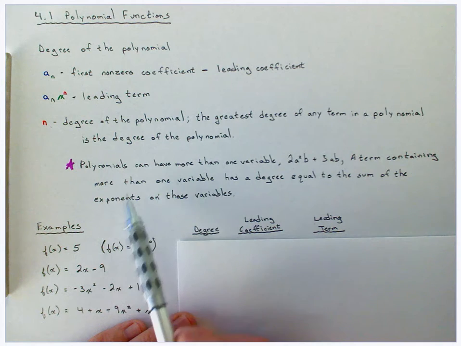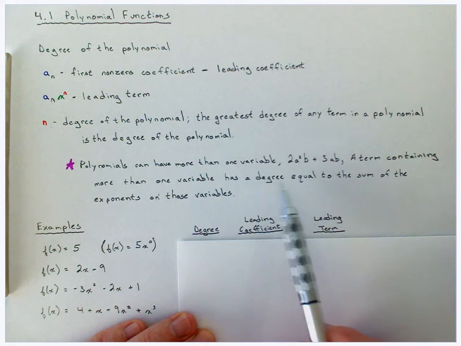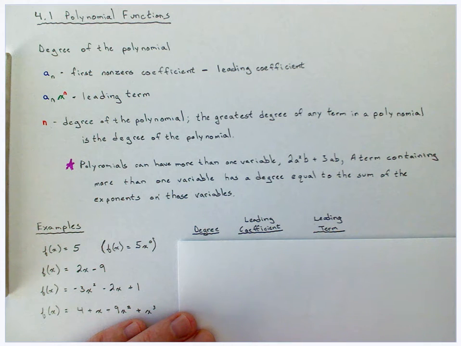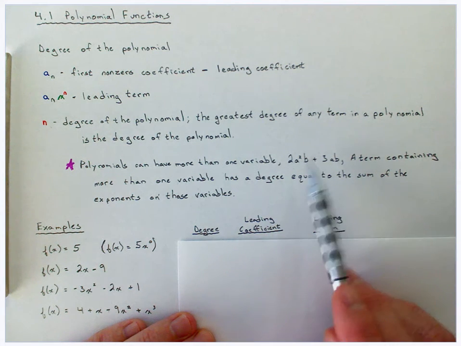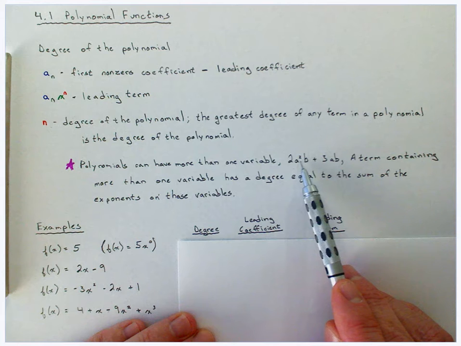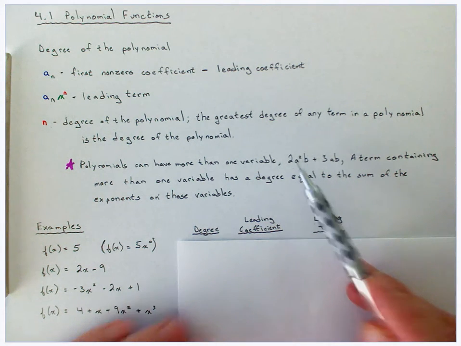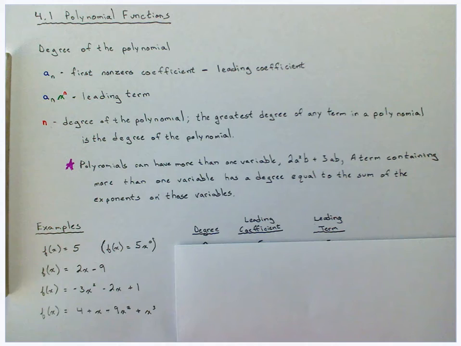A term containing more than one variable has a degree equal to the sum of the exponents on those variables. So this example here would be a degree of 3. 2 plus 1. Again, there's an understood 1 there. We do not have problems with that, but I wanted to make sure that you guys were aware of that.